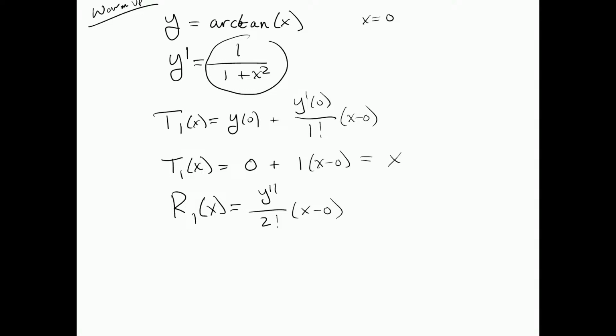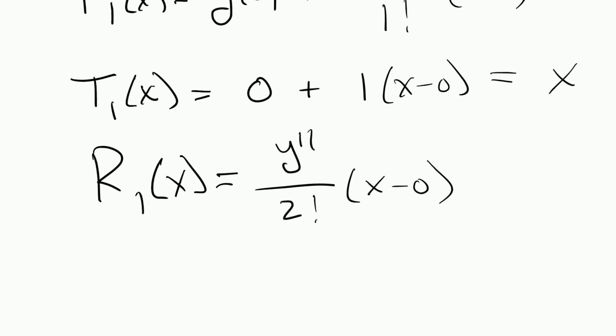It's this y double prime. This is where things get a little funky. Because of the mean value theorem, there is somewhere in between 0 and x where this is going to be an exact number. Well, it's a little bit more complicated than that, but it relies on the mean value theorem.